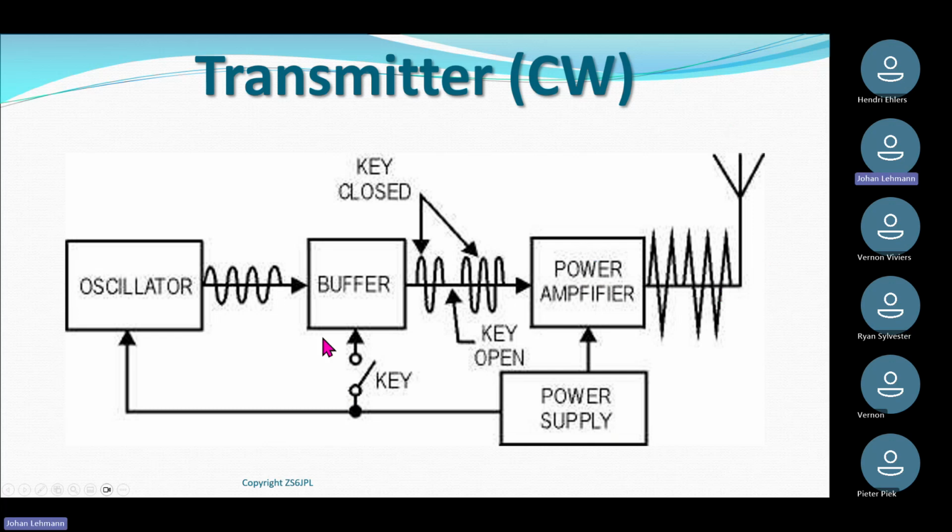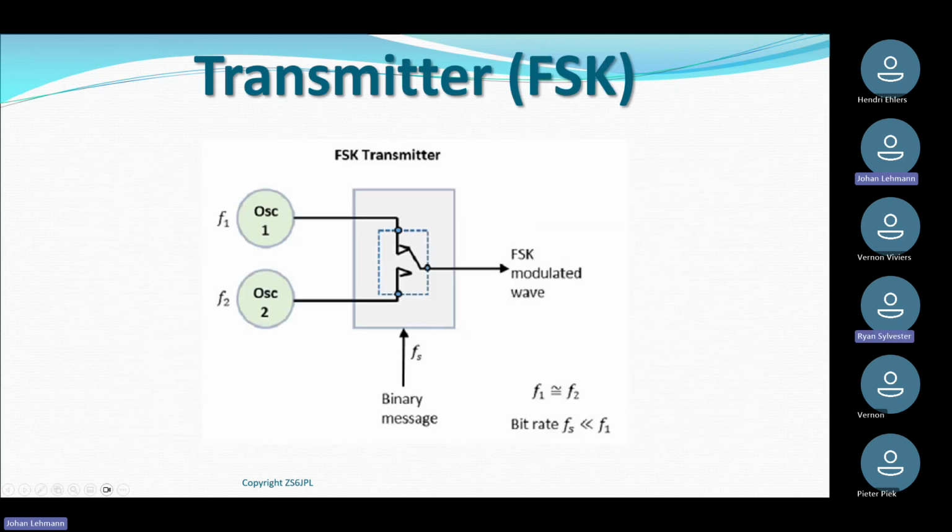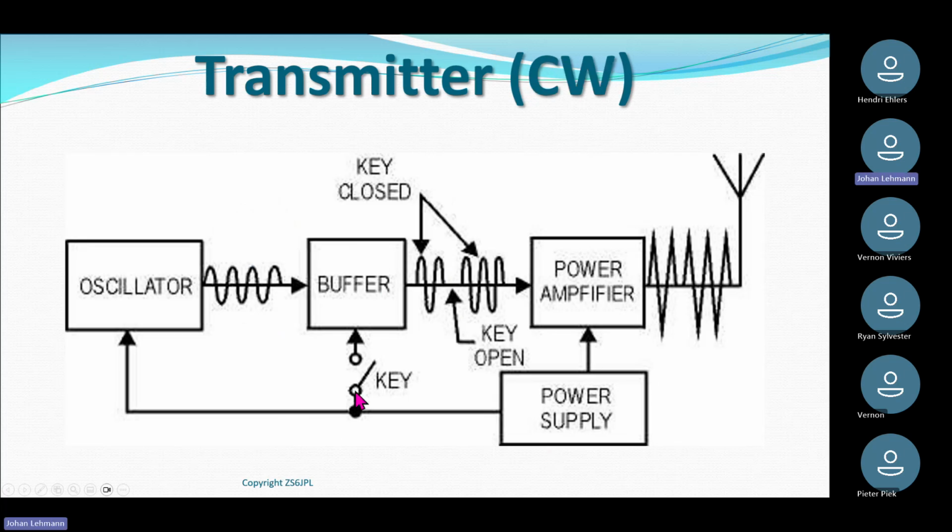So both of them are fairly straightforward and easy transmitters to make. This one has just got two oscillators. The other one has got one oscillator. You will see on this one, I don't key the oscillator.